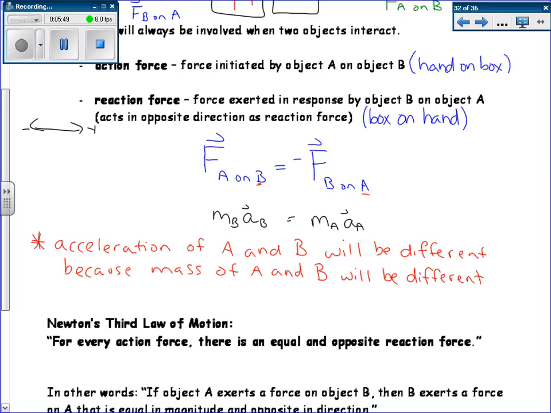And further to that, a large mass will have a small acceleration, and a small mass will have a large acceleration.